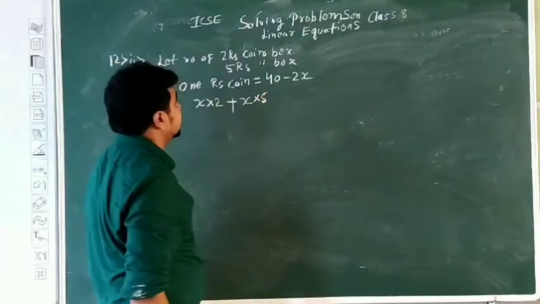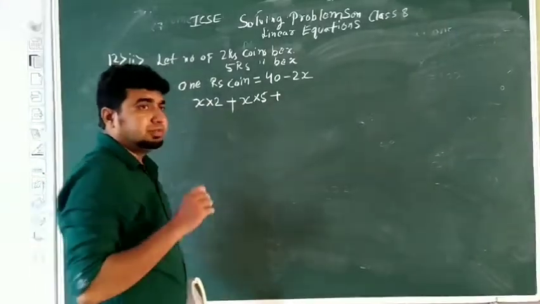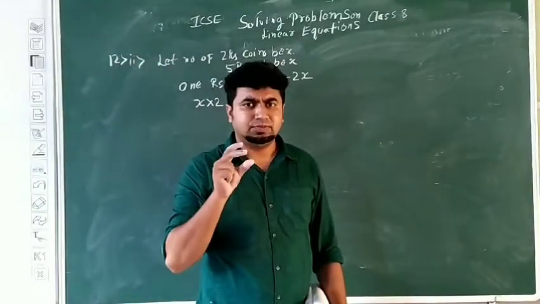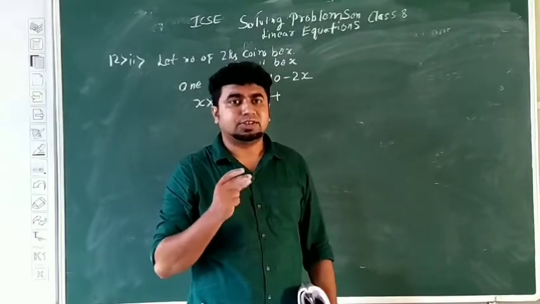And for 1 rupee coins, whatever the number of coins is, that will be the amount also. If I have 30 1 rupee coins, the total is 30 rupees.